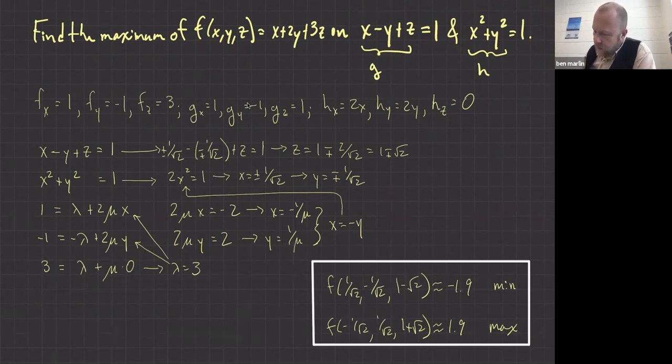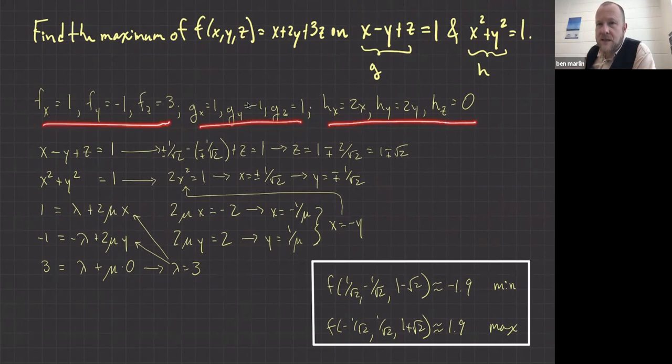All right, so then we take the f sub x, f sub y, f sub z. Those turn out to be super easy, right? And it turns out the g sub x, g sub y, and g sub z are also pretty easy. The h sub x and h sub y, not too much harder, 2x and 2y.